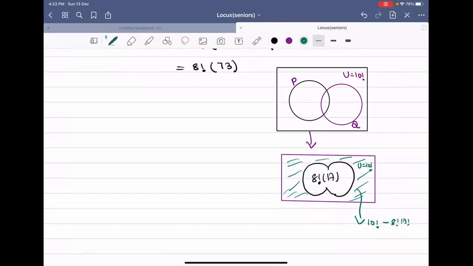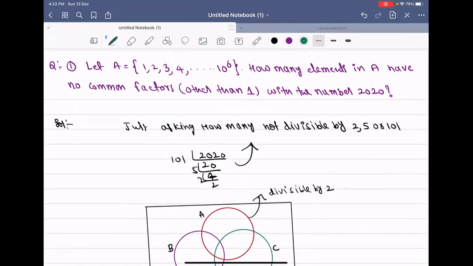Yes, sir. Just before, I found this question. It is also the same kind of question, with slightly bigger numbers. Let A be the set 1, 2, 3, 4, and so on, up to 10 power 6.